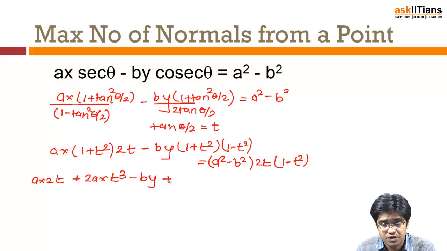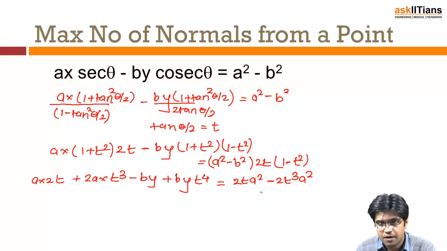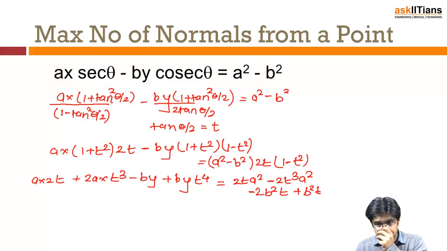So minus, and then plus by t to the power 4, and that equals 2t a square, and then minus 2t cube a square, and then minus 2b square t and plus b square t. And this becomes t cube. So this is the simplified form.